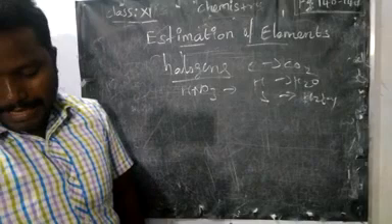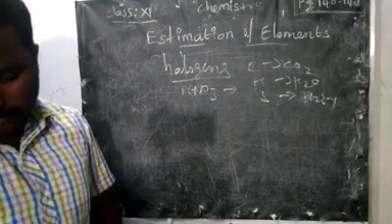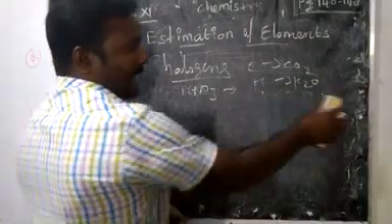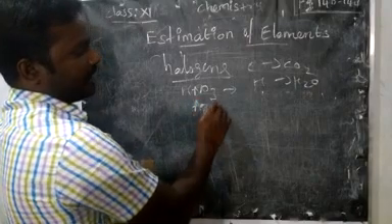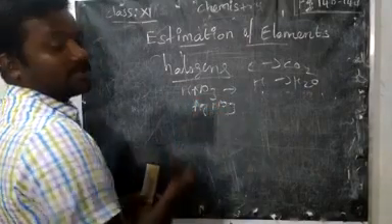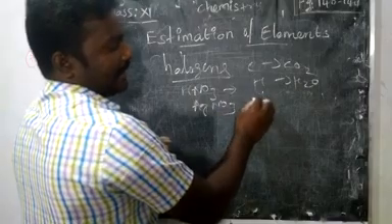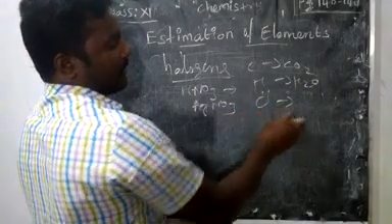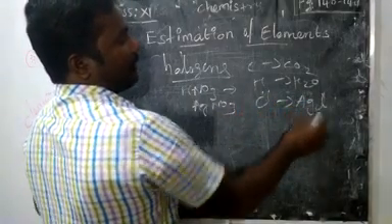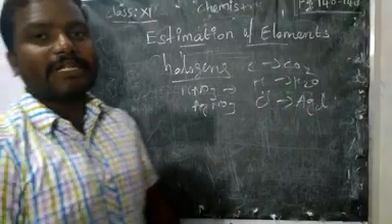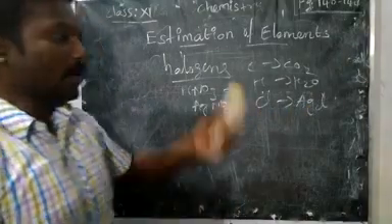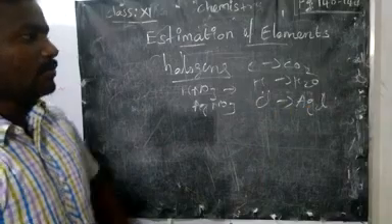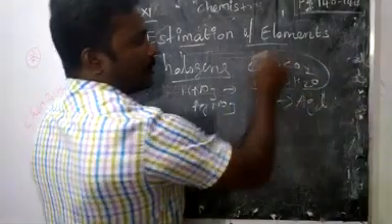Now, halogen, what will happen? We are going to add AgNO3, silver nitrate. If there is any halogen, for example chlorine, it becomes AgCl, a silver salt. Bromine means AgBr. Iodine means AgI. So as usual, we can remove these gases.